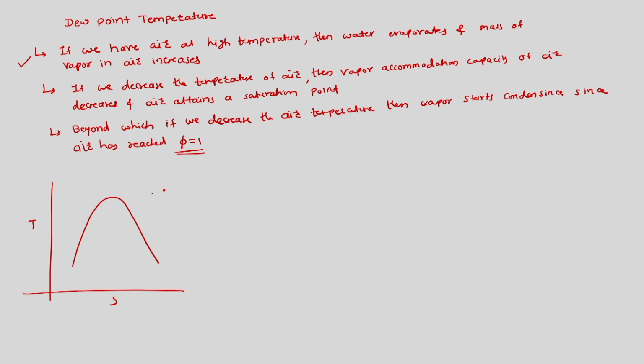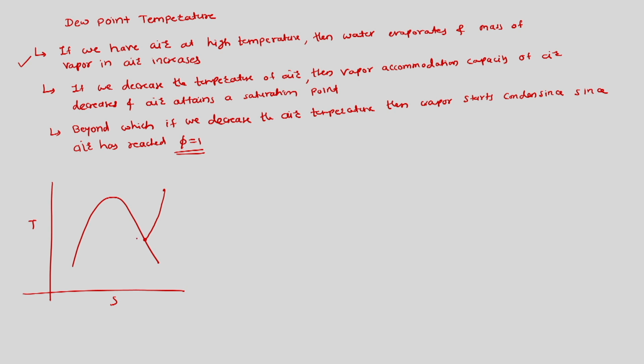Now if we are reducing the temperature of the mixture, obviously vapor temperature would also decrease, since vapor is in thermal equilibrium. So vapor temperature is decreasing, but we are doing it at the same pressure, so it is a constant pressure line. And then we reach a state where we reach the saturation vapor point of that pressure.